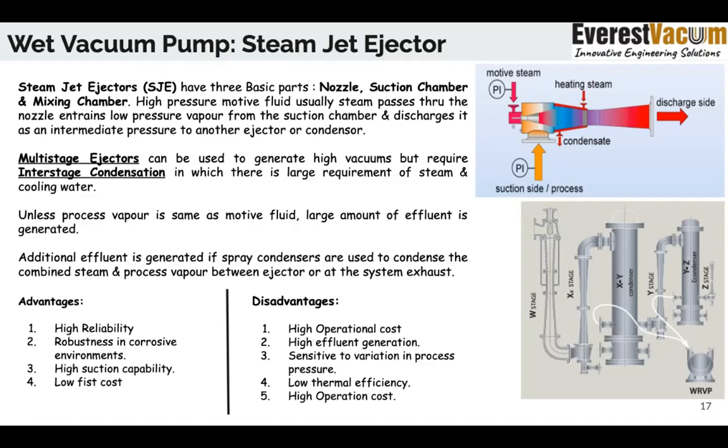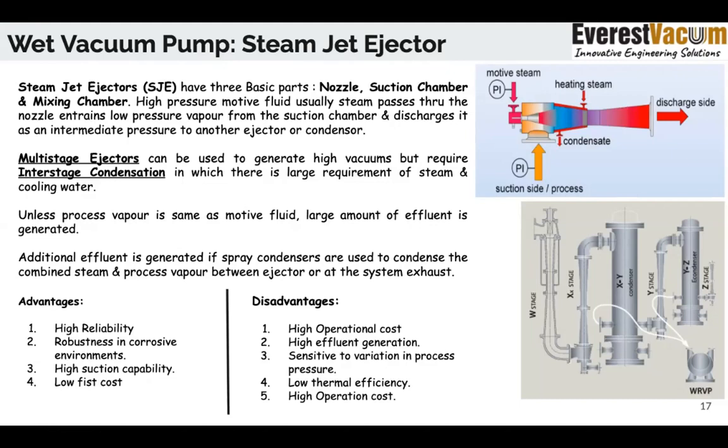What I have tried to highlight from this picture is that in Y stage, steam consumption will be very low. That is why the size of this condenser is relatively small, because it has a pre as well as a post condenser.